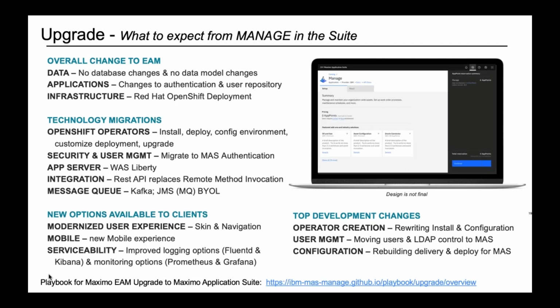From a technology migration perspective, your install, your deploy, your configuration of your environment is all around the OpenShift operators. Security and user management is at the MAS level. Your server is WAS Liberty. Your integrations are REST API, but Kafka and JMS are still supported within the application suite itself.